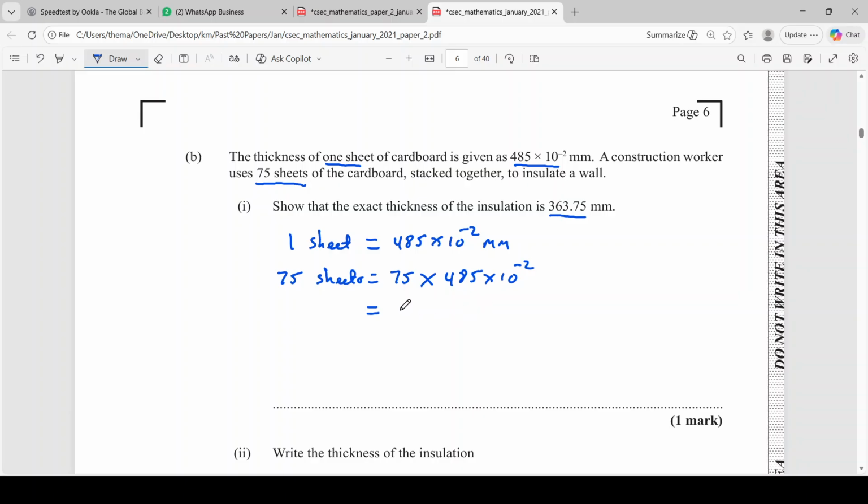Right, when we multiply that, we're supposed to get 363.75 millimeters. Let's see the show, so now we can write hence show.